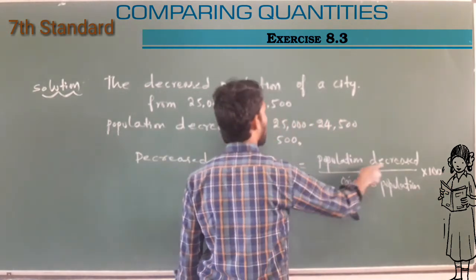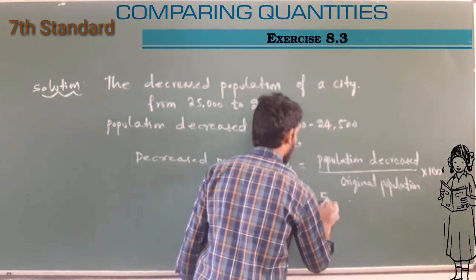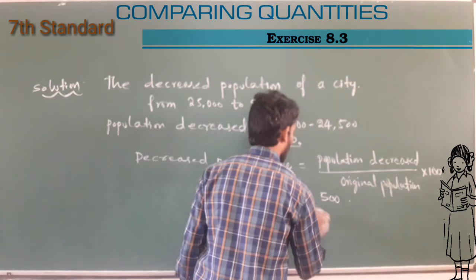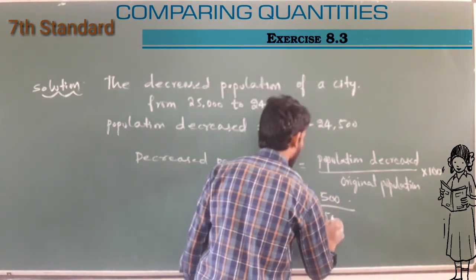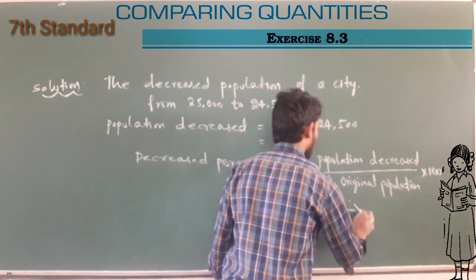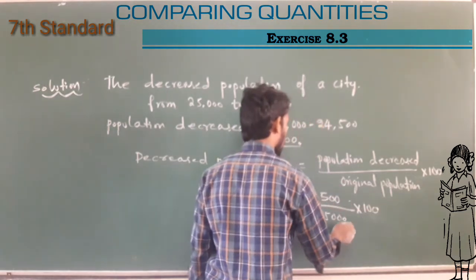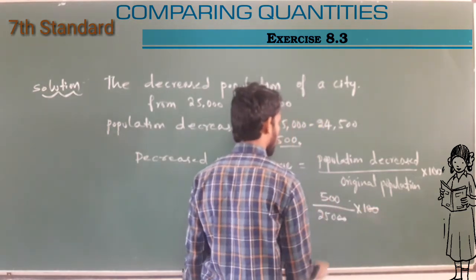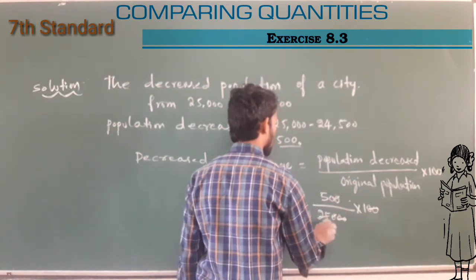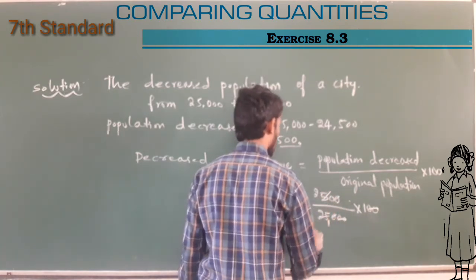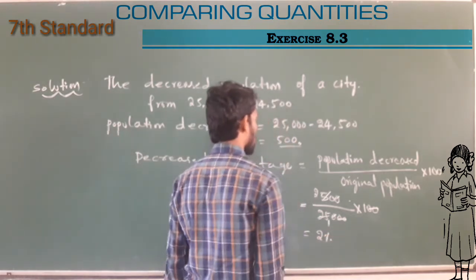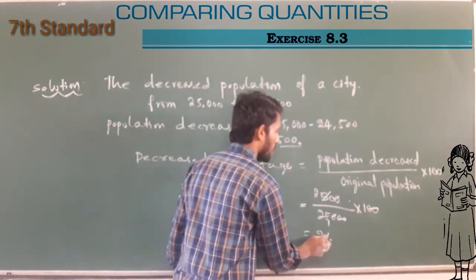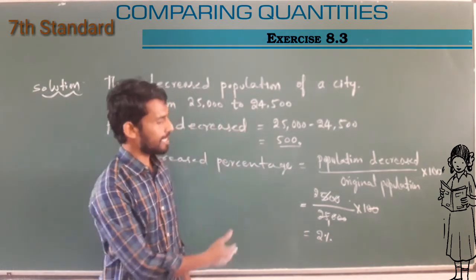Now we know population decreased is 500, divided by the total 25,000, into 100. Now zero will cancel here. Again zero will cancel. 25 ones are 25, 25 twos are 50. Now 2%. The population decreased by only 2%. Okay, this is the solution.